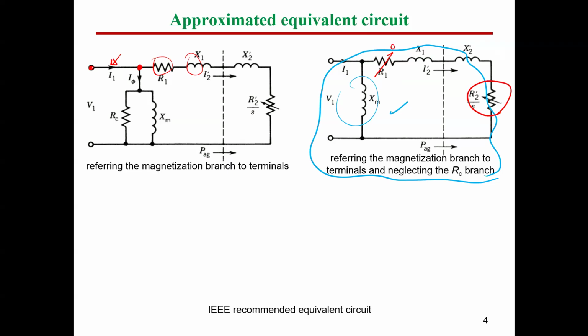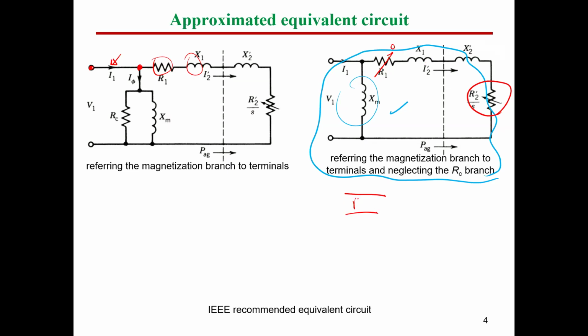We cannot neglect the rotor resistance of the induction motor, because the power depends on the value of R2. We cannot neglect this power. So you can neglect the copper loss in the stator winding, but the copper loss in the rotor winding cannot be neglected.